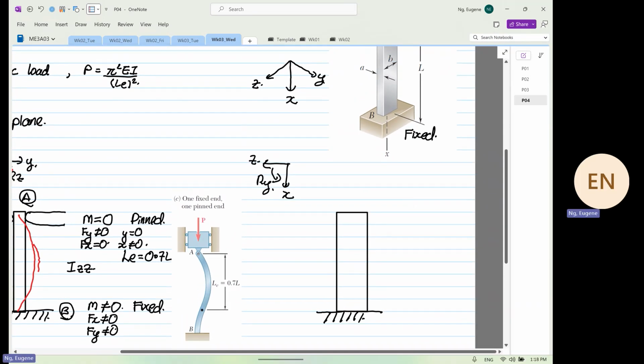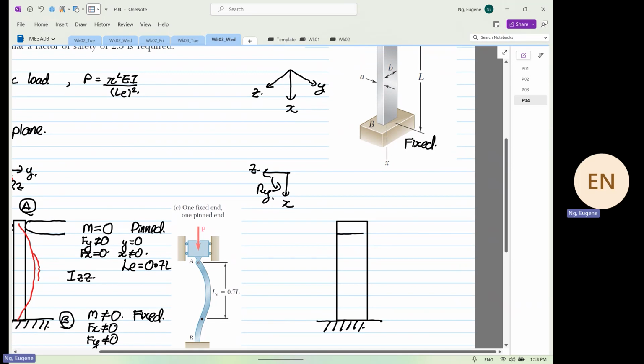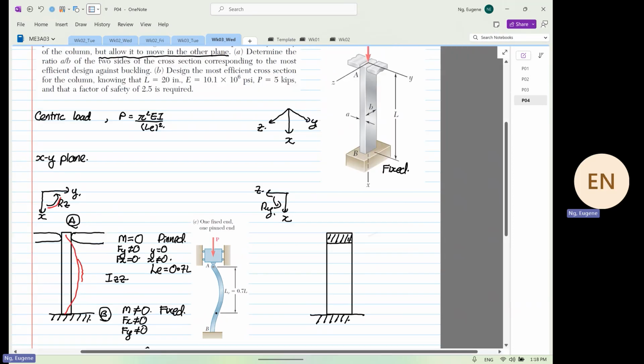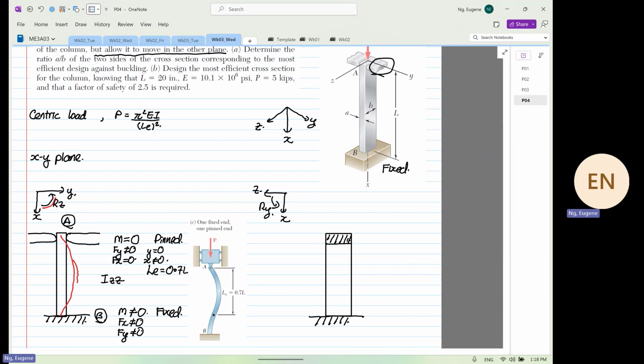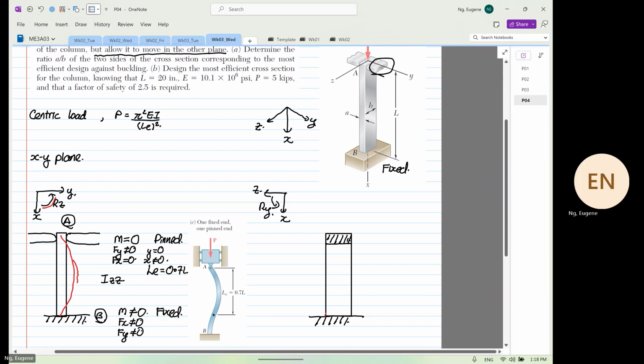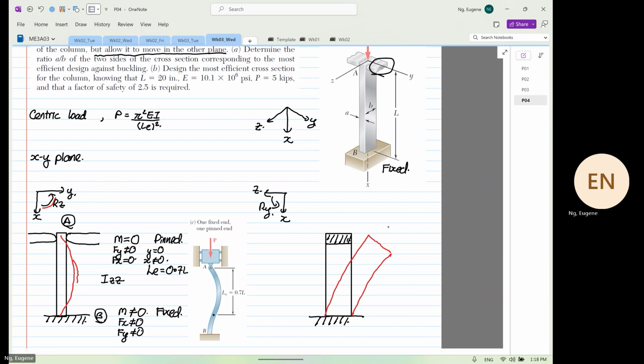So we know over here, I'm drawing this top part is because of this, okay? So you have this. Now the structure will deform in this orientation. With our fixed, this is exaggerated.